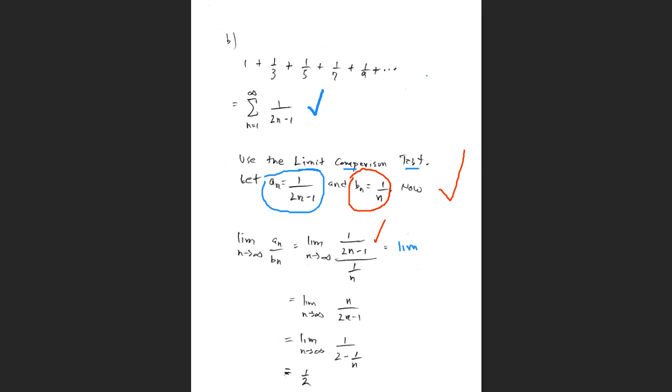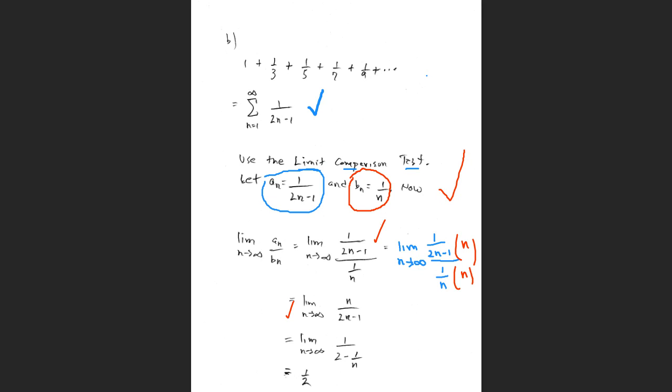If I want to add a little extra step here, it's really beautiful stuff. I can multiply by n on the top and the bottom, and that gets me the limit as n goes to infinity of n divided by 2n minus 1.